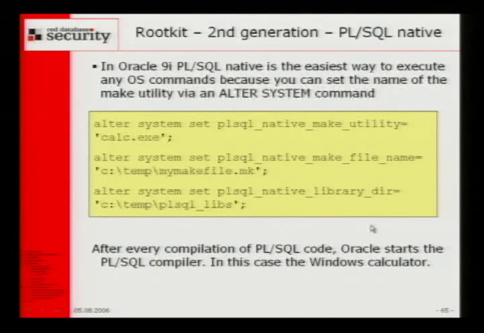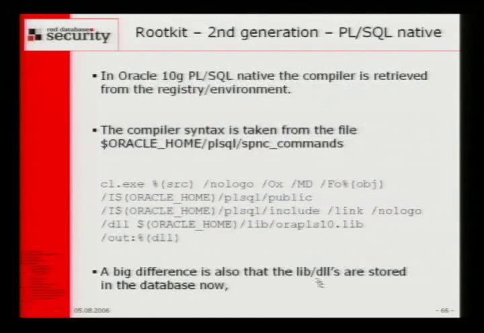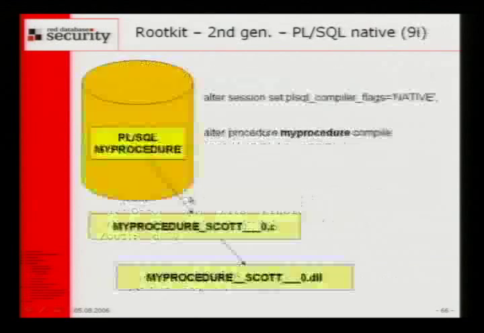In 10g, Oracle changed this. So in 10g, Oracle is looking in the registry where Microsoft Visual Studio is installed, or in the environment variable, and is taking the value from there. And in 10g, Oracle is looking up the compiler statement in this text file. So if you compile a statement, Oracle calls this to generate the file.